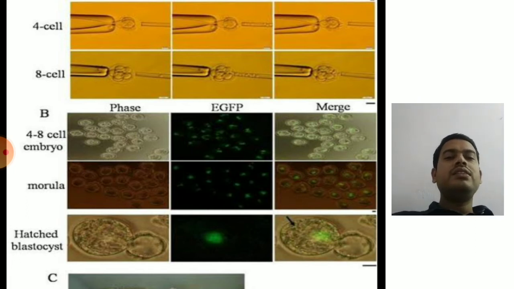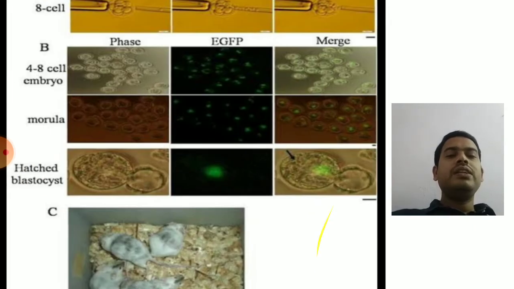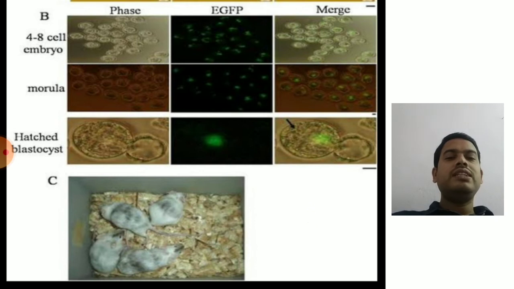So and then this blastocyst can be used for developing the transgenic mice. So you can see the transgenic mice expressing the transgene. At the left bottom you can see the mice expressing the transgene, how they look.